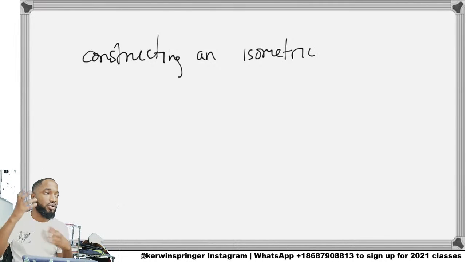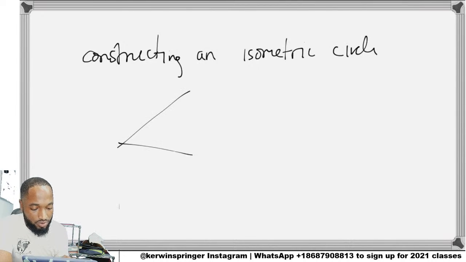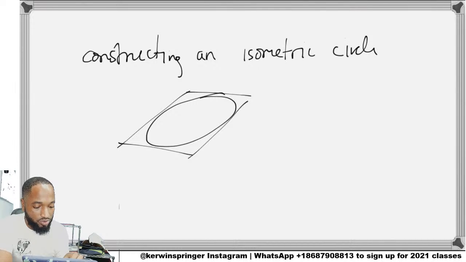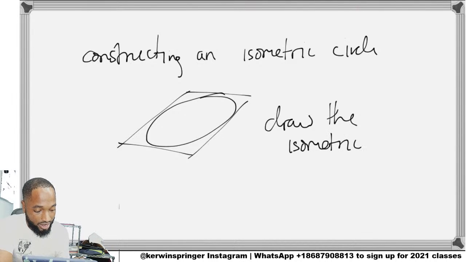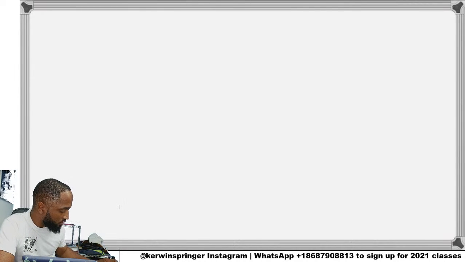Constructing an isometric circle, the first step you had to do is draw the isometric square. Rate how much you know out of 10 if you knew all these things.